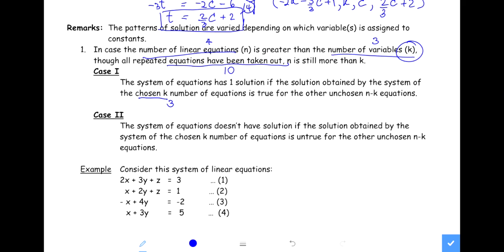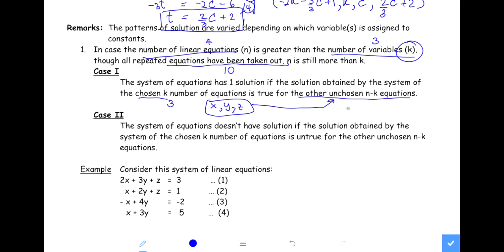I choose three equations from the four, solve for x, y, z, and then substitute what I have into the other, unchosen equation.